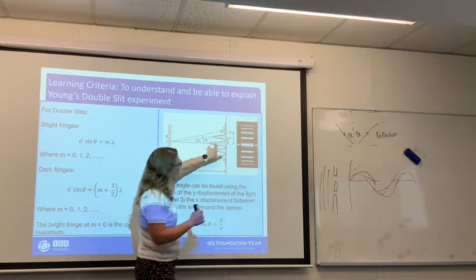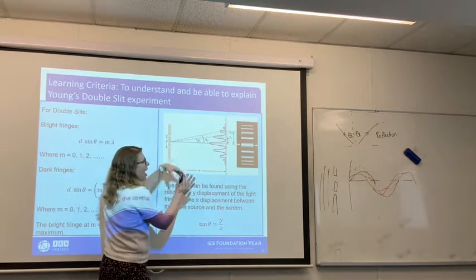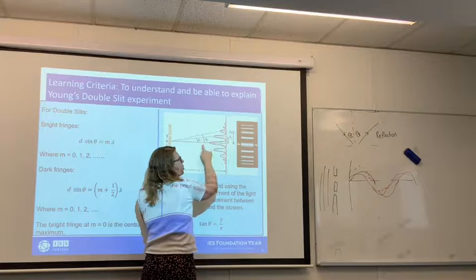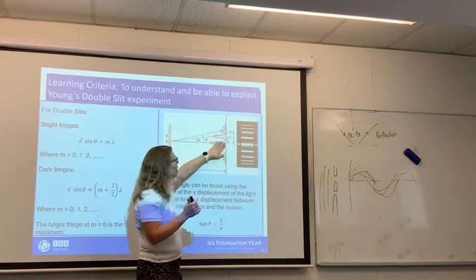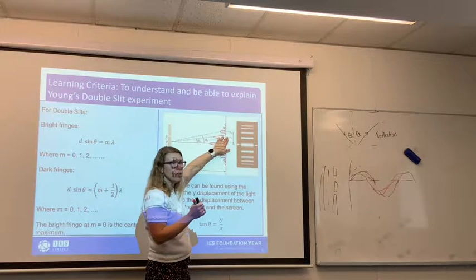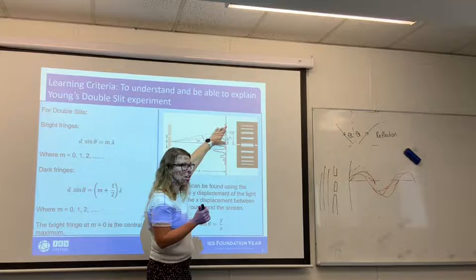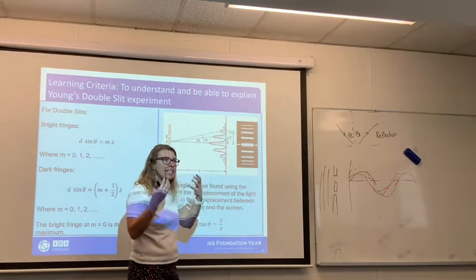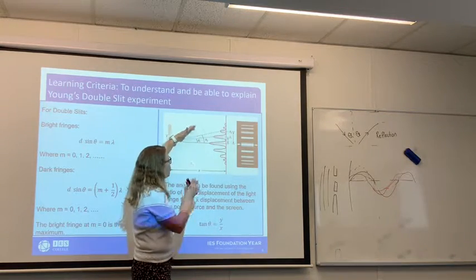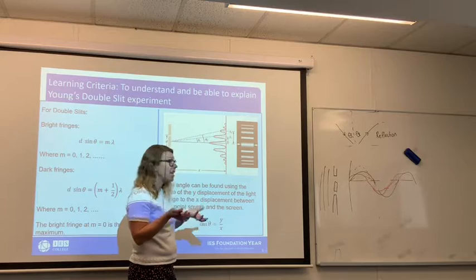And then we have, always, the central maximum is smack bang in the middle. And then we have a distance between the central line and the next bright fringe. And then we have a distance again between that and the next bright fringe. And as the fringes go out, they get less and less light intensive because it's getting further and further away. The waves have to travel further, and as they travel further, they lose energy.